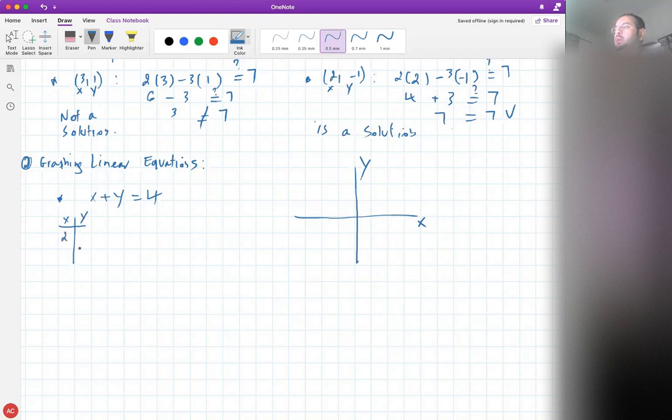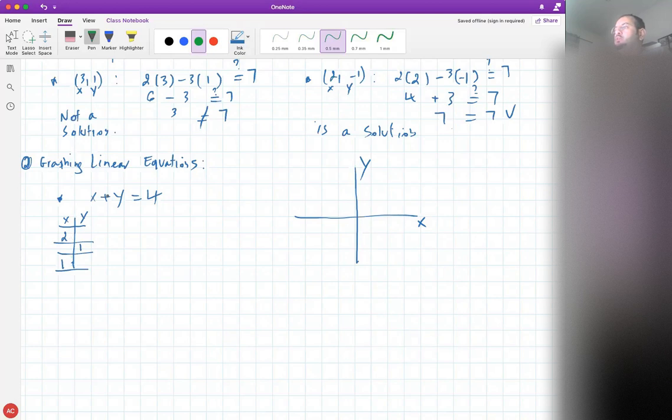Or we may have the y, and we're going to try to find the x, or the other way around. For example, maybe 1 here and find the other one. So this table basically, just going to write a few pairs that make the equation true. For example, just by looking at the equation, if x is 2, y must be what? For this to be 4, it has to be 2.